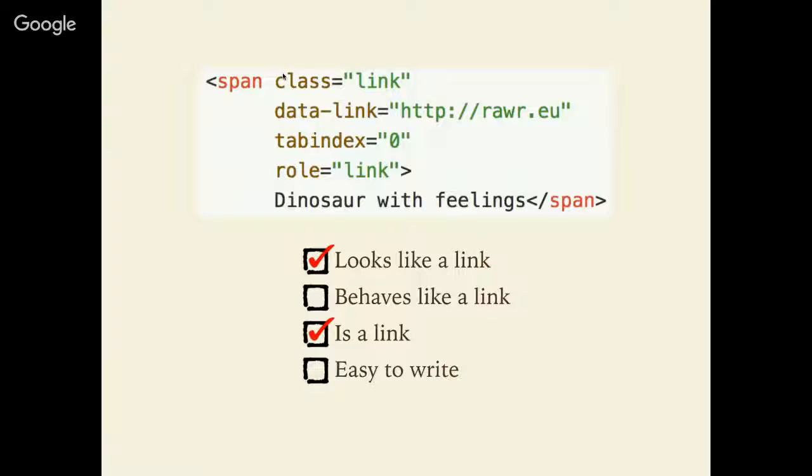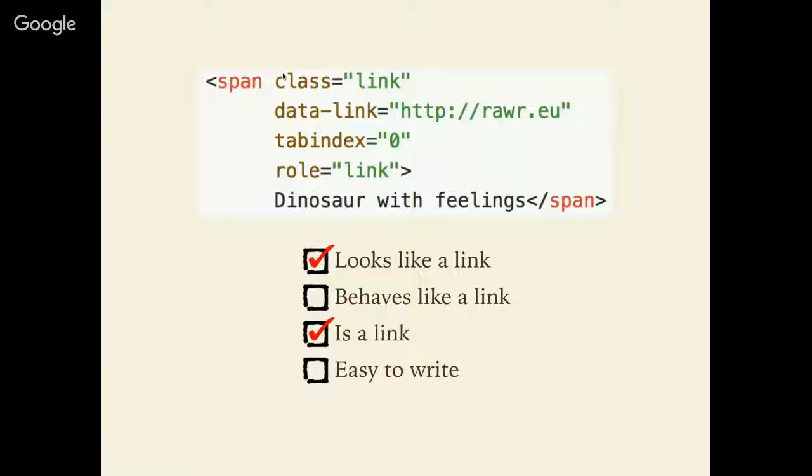Because of the role, which is an ARIA attribute, the span is now exposed as a link, and with the tab index attribute, you can now actually tab to it. So somebody that uses the tab key to move through the website can now get to it and activate it with the return or spacebar if that behavior is added via JavaScript.